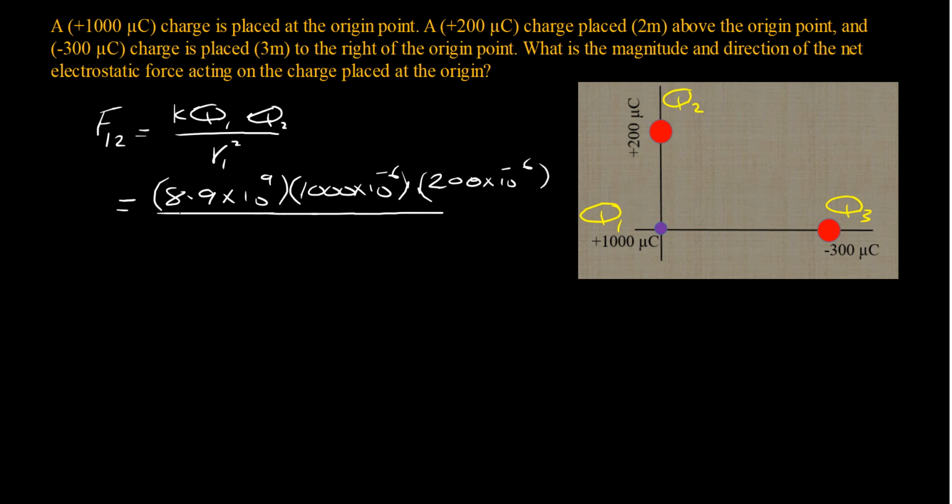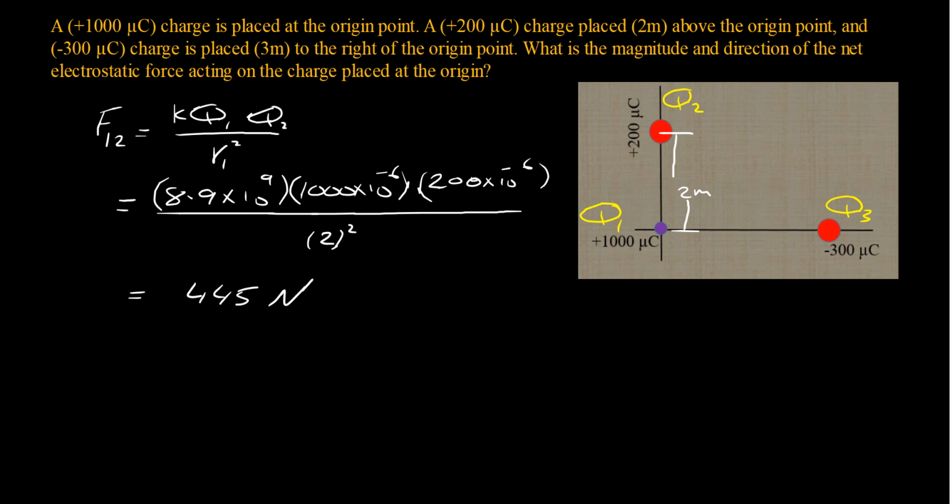All that will be divided by the distance, which is 2 meters, so it will be 2 squared. Now if we do the calculation, that should give us 445 Newton.